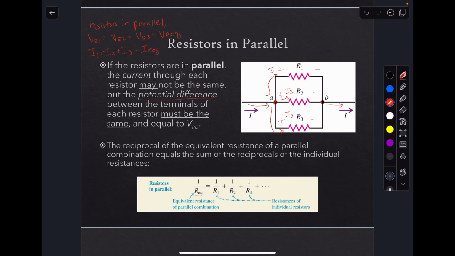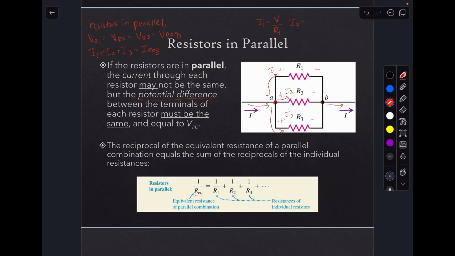How do we find each individual current through R1, R2, and R3 since they're not equal? We can apply Ohm's law. Since the voltages are all the same, the current I1 will equal that voltage, and I'm not going to put a subscript because it's the same for 1, 2, 3 and equivalent, over R1. That's just using Ohm's law, V equals IR.